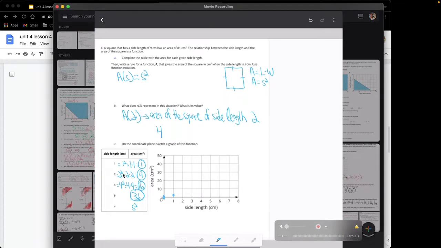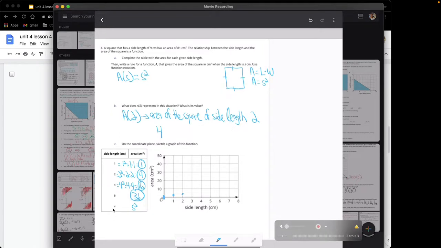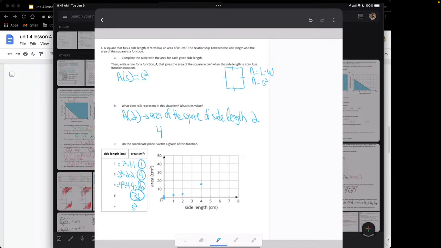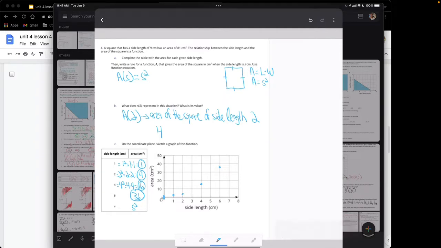When the side length is 2, the area is 4, so that's slightly higher. When the side length is 4, the area is 16, so that's going to be about here. And when the side length is 6, the area is 36, so that would be about here.